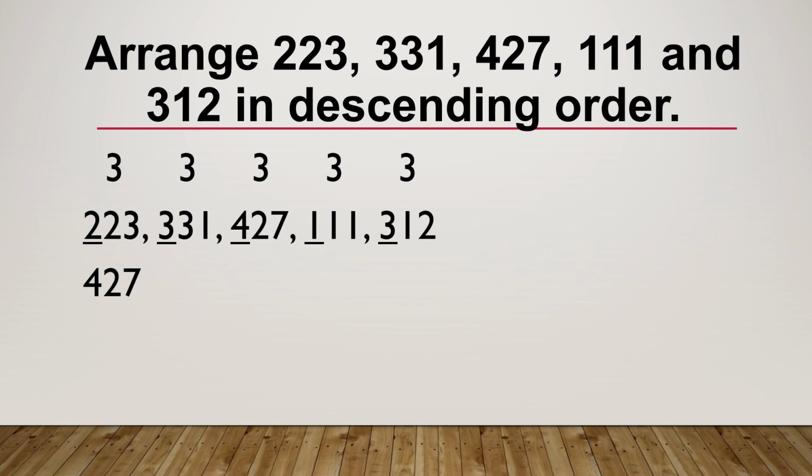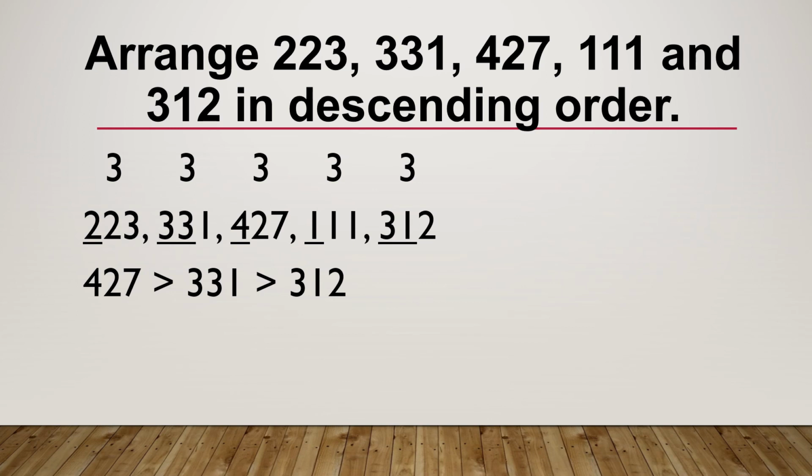So here we have to compare the tens place. In these two numbers, what are there in tens place? 3 and 1. In 3 and 1, 3 is greater. So 331 is greater than 312. So 427 is greater than 331 and 331 is greater than 312.